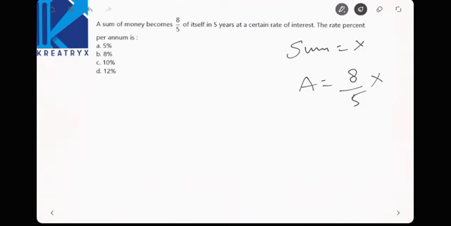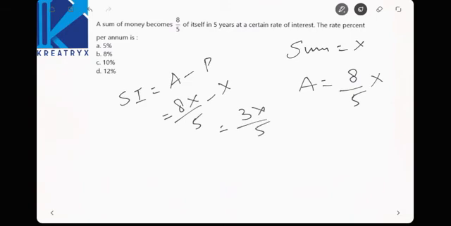Now what is SI? Amount is equal to principal plus interest, so SI will be amount minus P. Amount is 8X by 5, principal is X. Now simple interest will be 3X by 5.